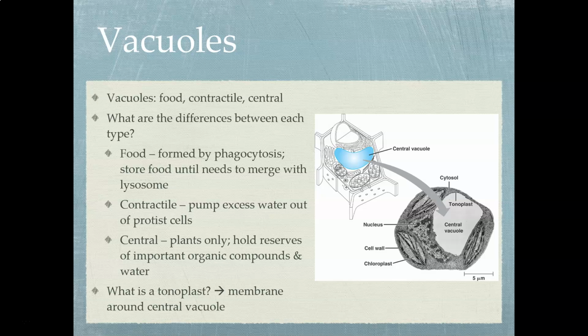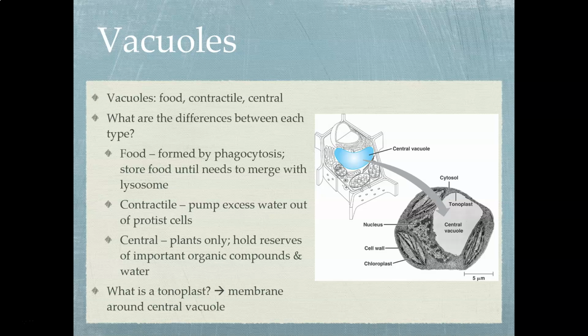Contractile vacuoles will also come up when we get to osmosis. And this is a special vacuole that we see in protists. And protists are single-celled eukaryotic animal cells. So these guys don't have that cell wall to be able to prevent themselves from bursting, but they have evolved these things called contractile vacuoles. And if you know what it means to contract, right, we're pumping, all right, we're squeezing.